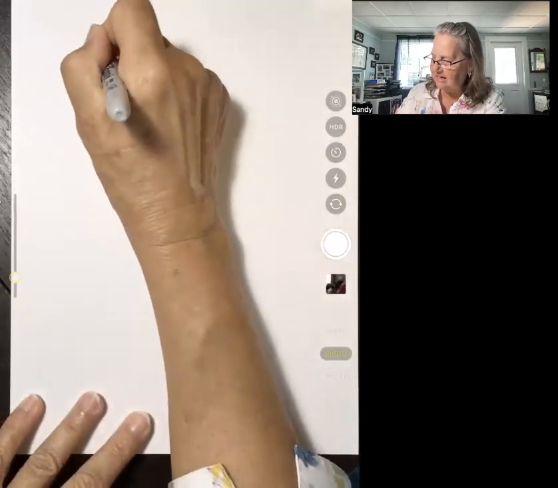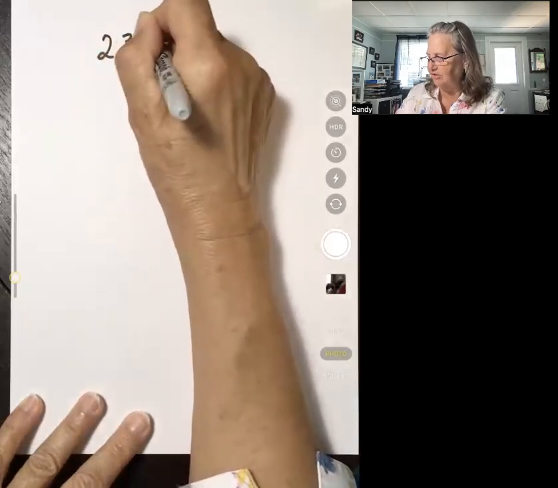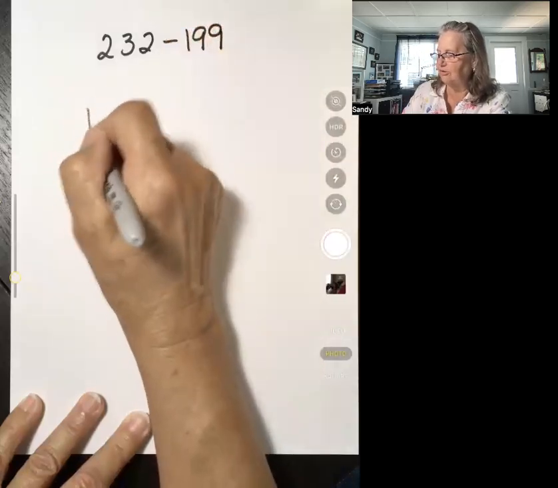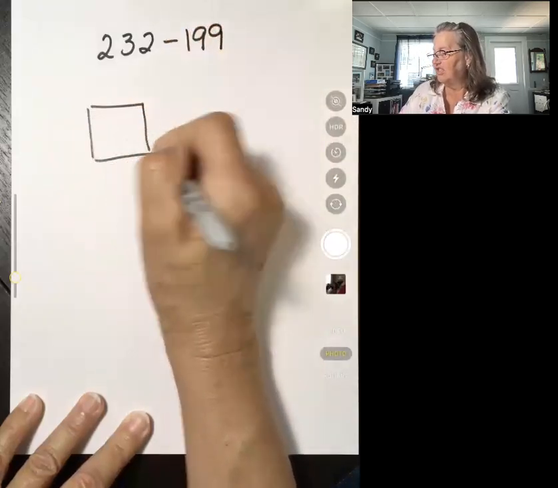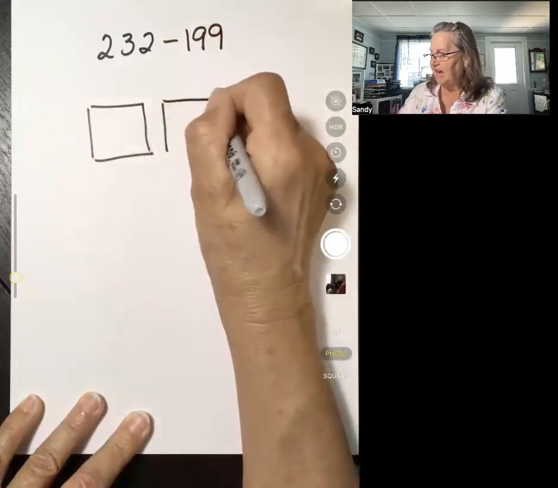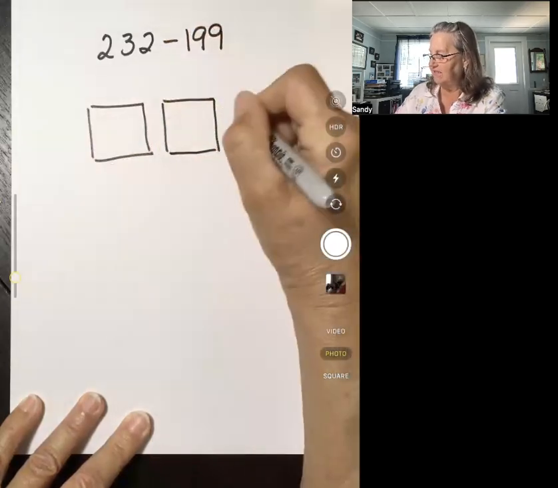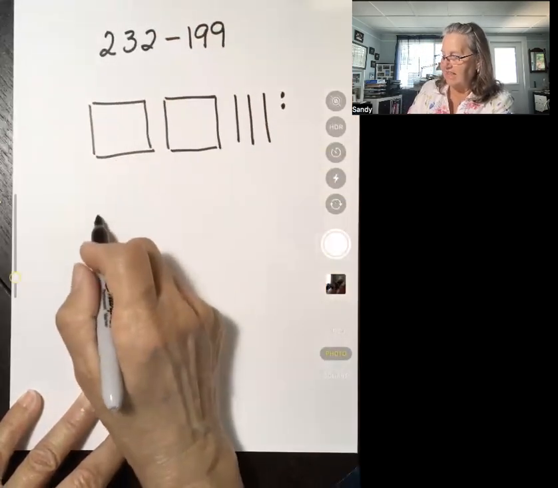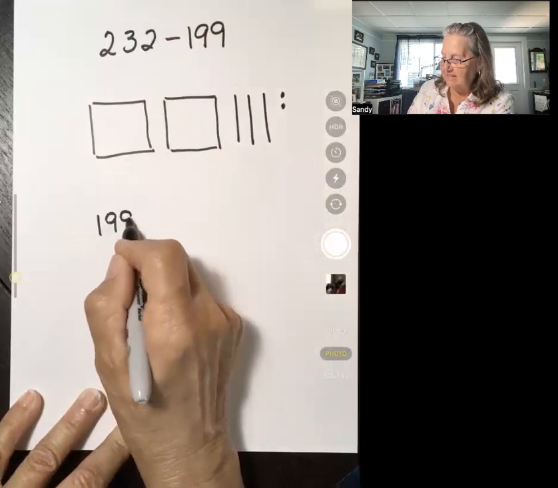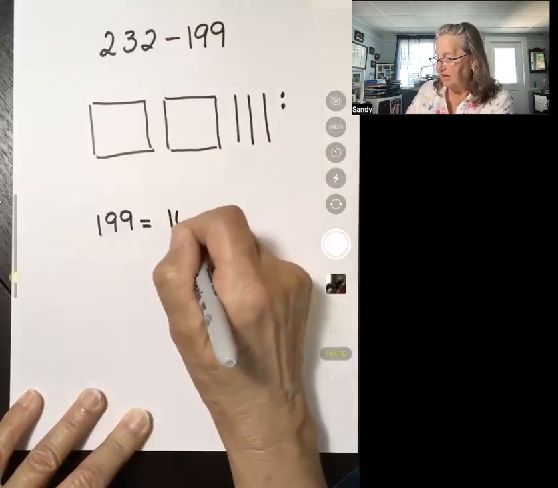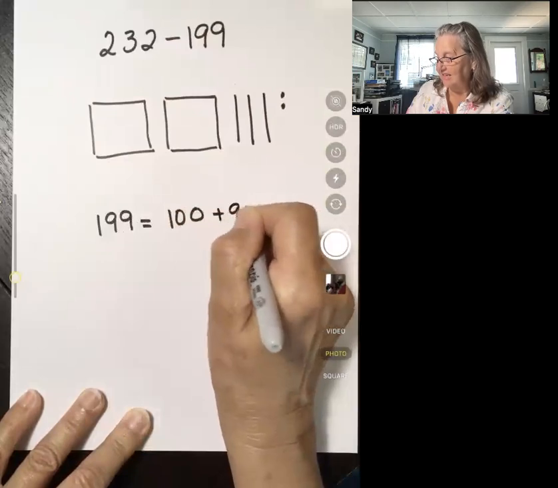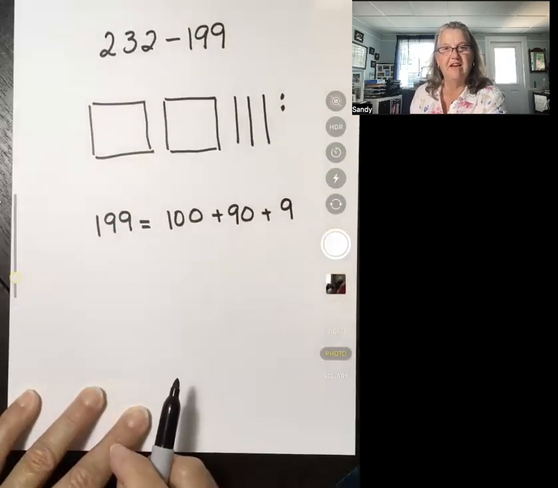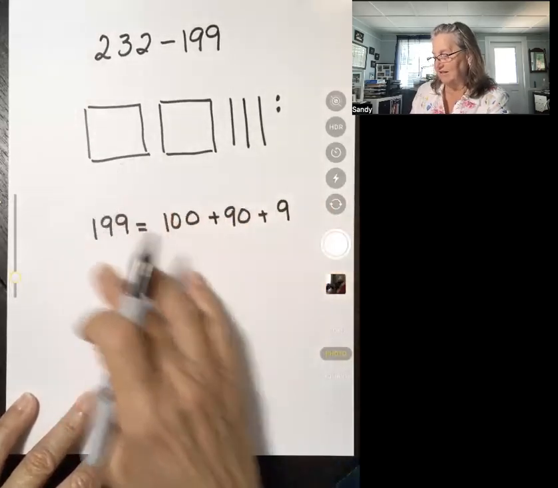Now let's look again at 232 minus 199. And we have a child who wants to use this decompose strategy. And they're really focused on place value. They understand that 199 is made up of 100 plus 90 plus 9, and they've got to figure out how to be able to remove all of that. This is called expanded form of a number.